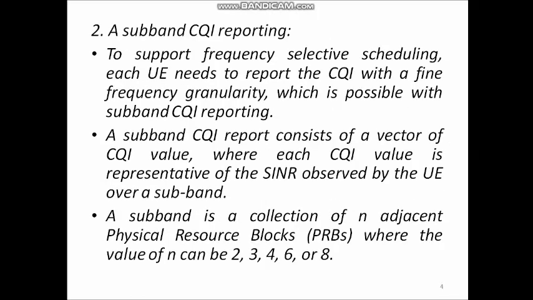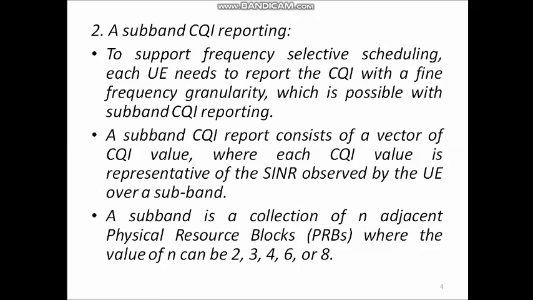Okay, next, the second type of CQI reporting is subband CQI reporting. To support frequency selective scheduling, each user equipment needs to report the CQI with a fine frequency granularity, which is possible with subband CQI reporting.